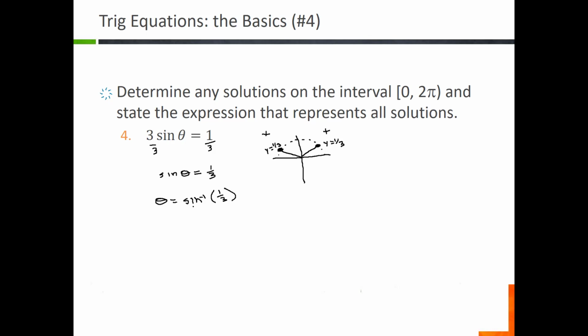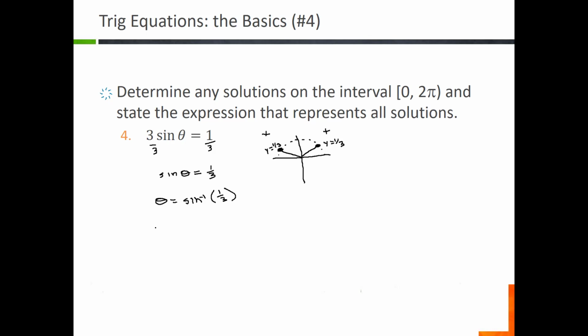Inverse sine represents the angle whose sine is equal to 1/3, which is what we're trying to compute to begin with. Since 1/3 is not a unit circle value, we have to use our calculator. So we type in the inverse sine of 1/3.